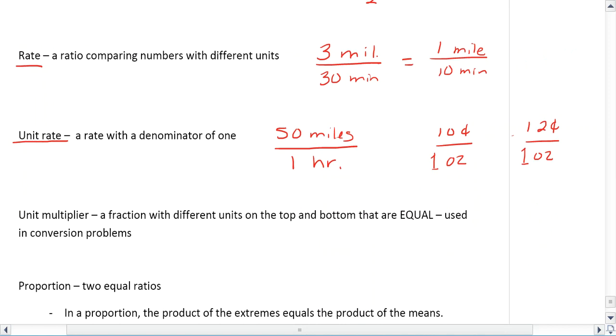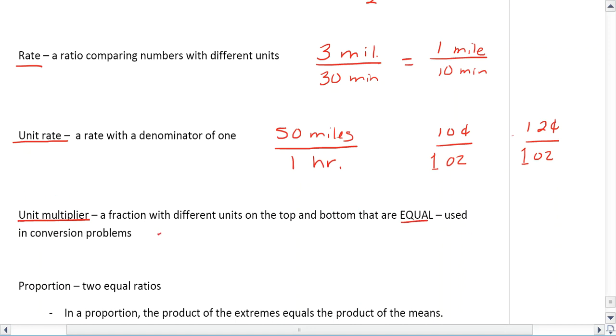Okay, this next term is a unit multiplier. Now this is kind of hard to define, but perhaps an example will help. It's a fraction with different units on the top and the bottom that are actually equal to each other. And we use this in conversion problems.